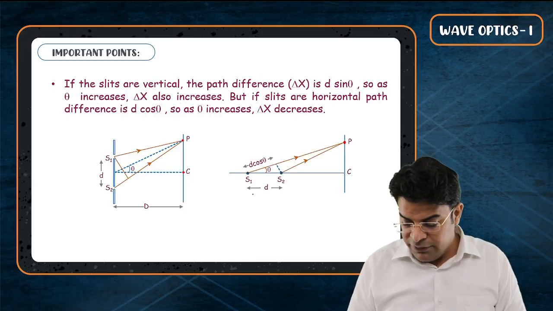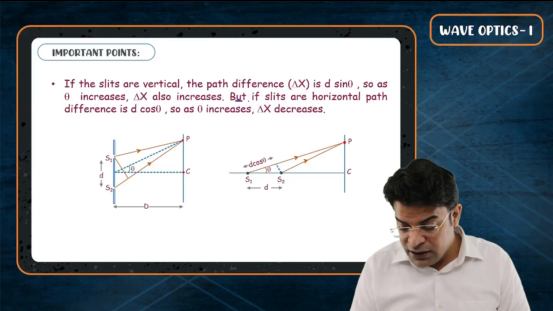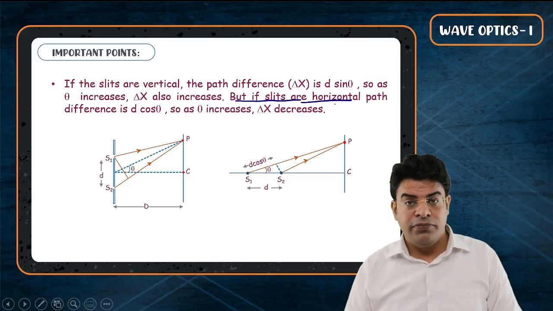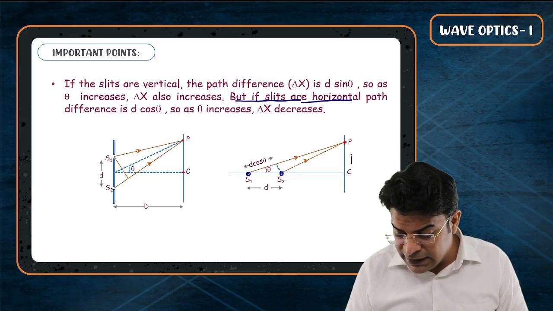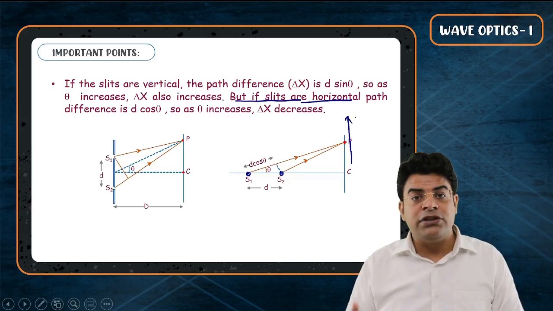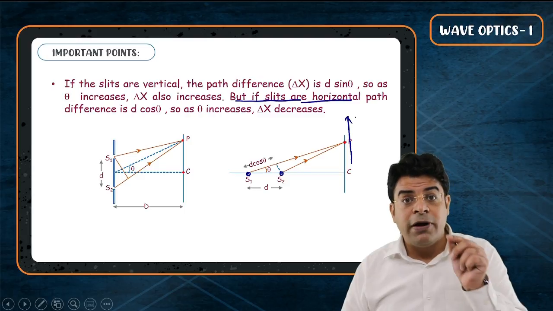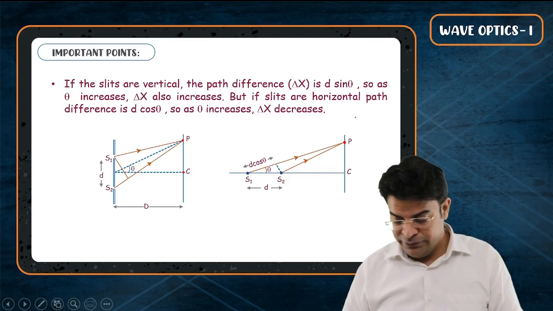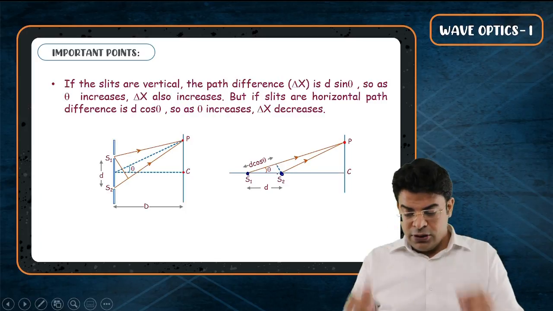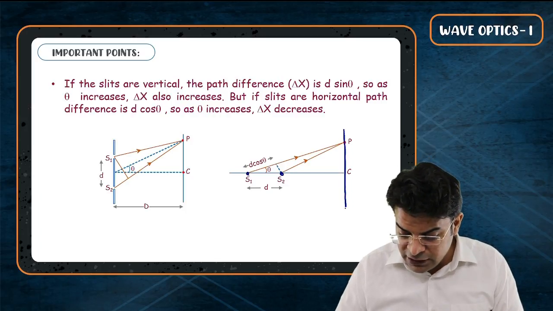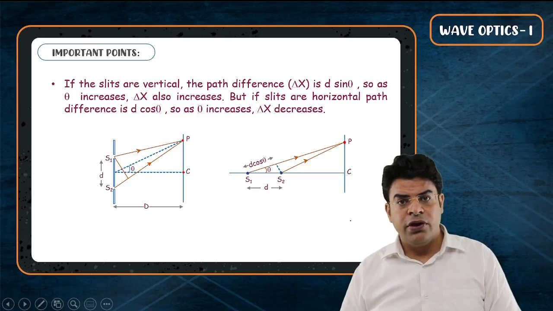But if the slits are horizontal, then as theta increases, as you keep going away from the central bright, the path difference will keep on decreasing. Why? Let's see. If I ask you for these two sources, with the interference pattern observed on this screen, what is the path difference?